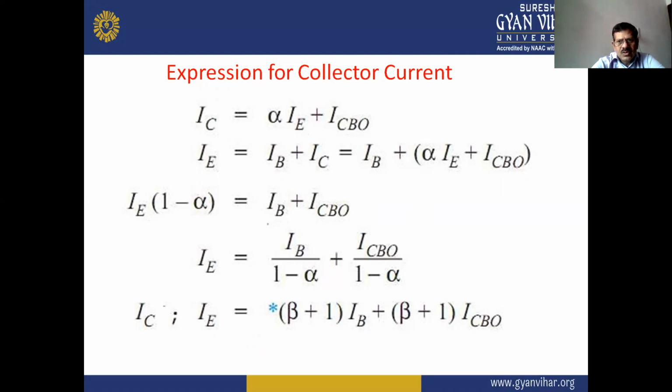We can also write IE times 1 minus alpha equals IB plus ICBO, and so IE equals IB upon 1 minus alpha plus ICBO upon 1 minus alpha. Then IC equals beta times IB plus 1 plus beta times ICBO. So this is the expression for the collector current, or the output current.